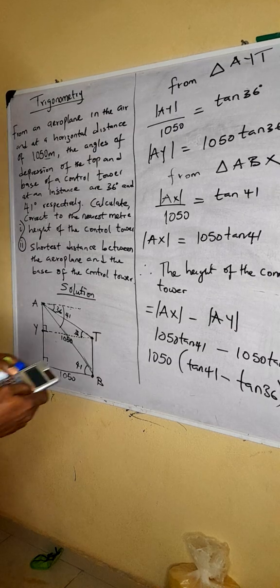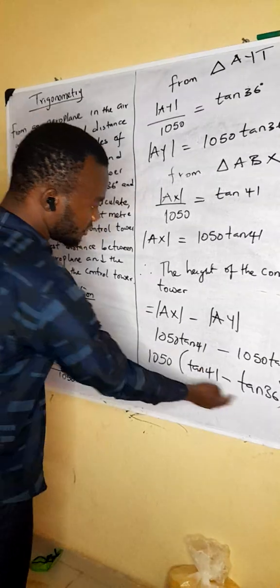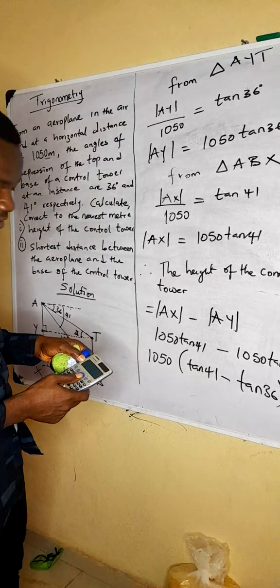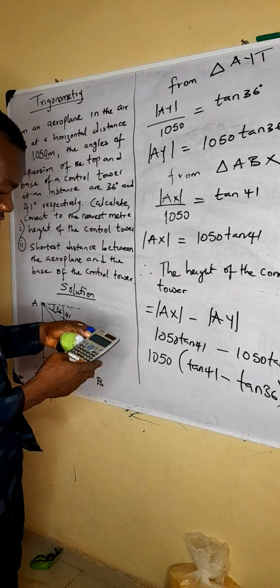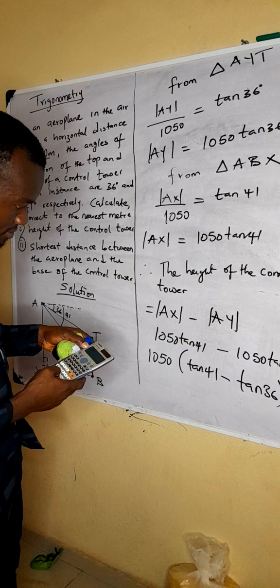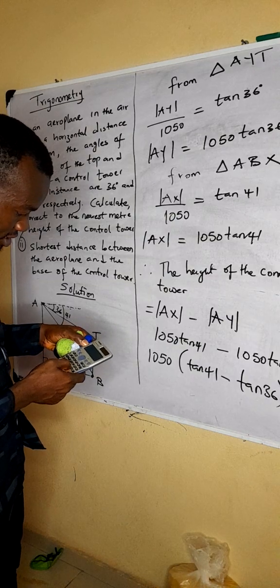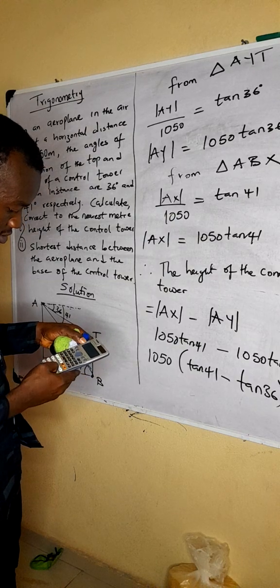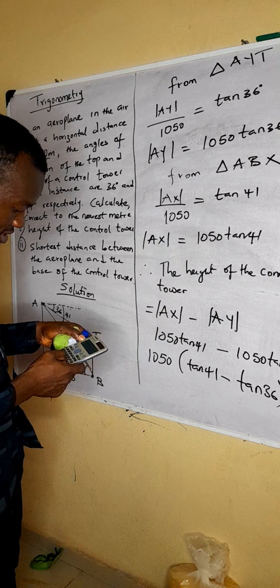Because these are not special angles, I can't memorize the tan values. So you just have 1050 times tan 41 minus tan 36.